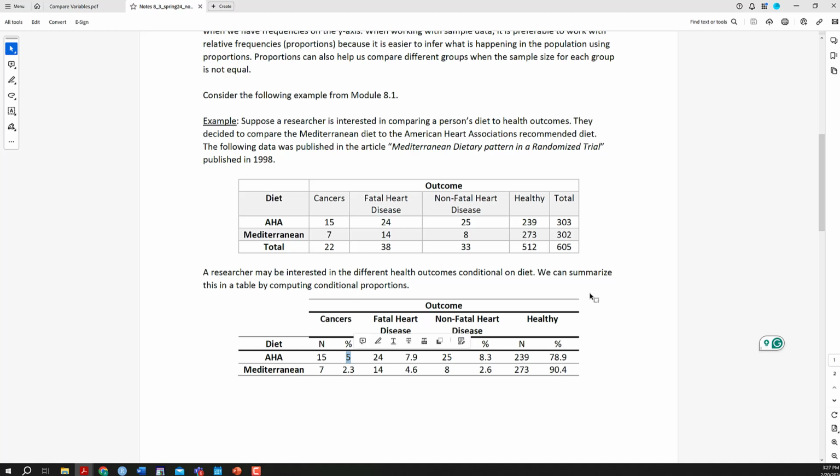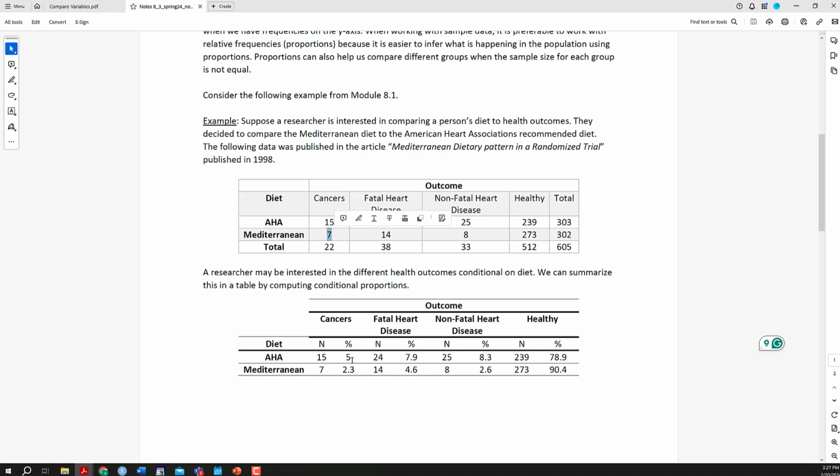And so down here what I have is a second table. And this table is going to have both the counts for each of the outcomes as well as the conditional proportions. So for example, if we look here in the cancer section, you'll see that we have the 15 people who developed cancer on the AHA diet and the 7 people who developed cancer on the Mediterranean diet.